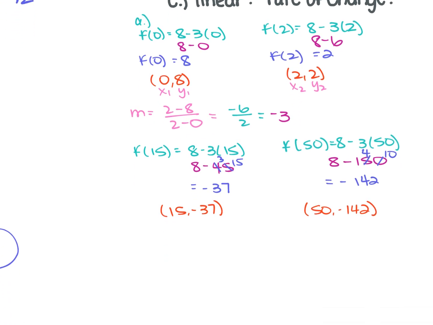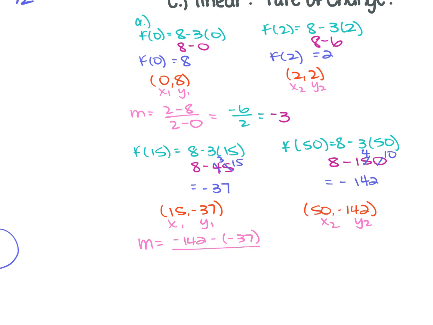If we find the slope for this one, we're going to have, if we use this as x2, y2, and the other as x1, y1, negative 142 minus negative 37 over 50 minus 15. The double negatives turn into positives, so you have negative 142 plus 37, so we're going to do 142 minus 37.